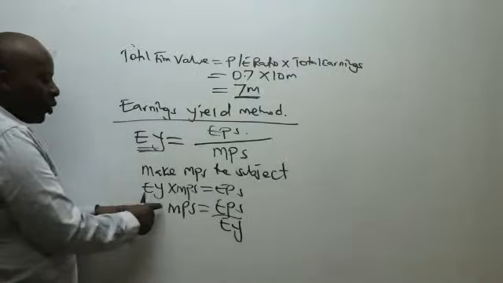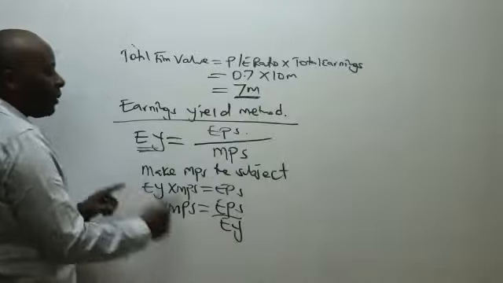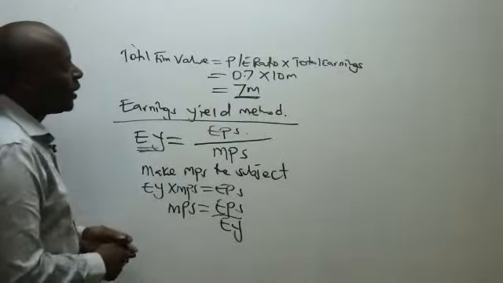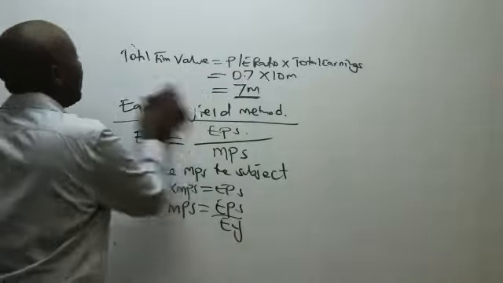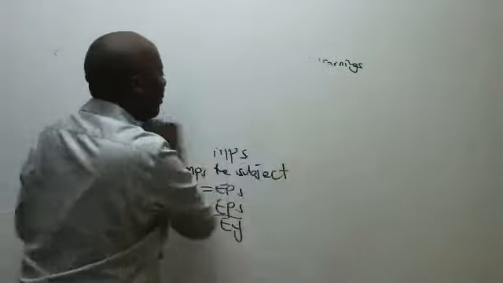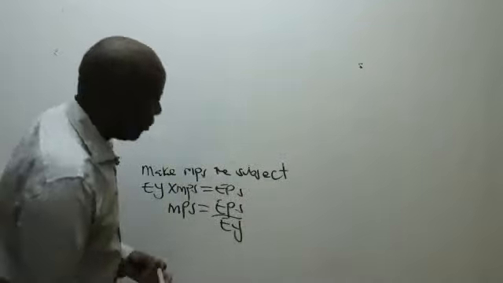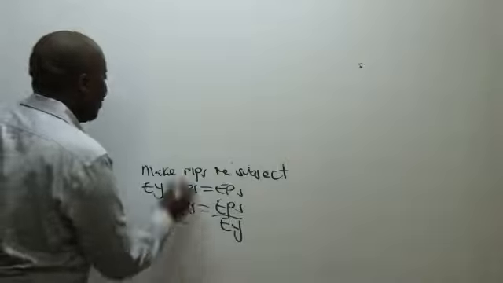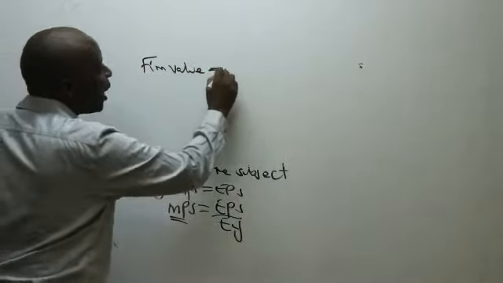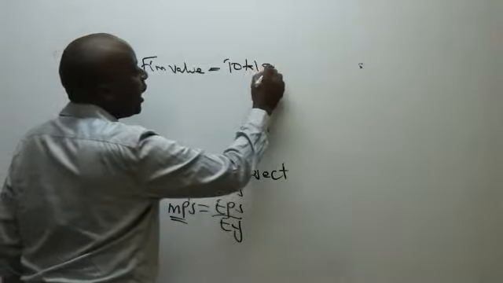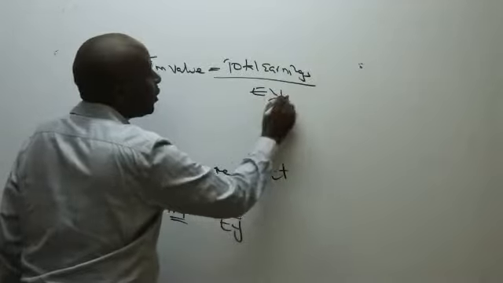And if I was to introduce the number of shares concept on both sides of the equal sign, what are we saying, ladies and gentlemen? What we are saying is quite simple: for me to get firm value using this approach, I'll be taking the total earnings all over the earnings yield.